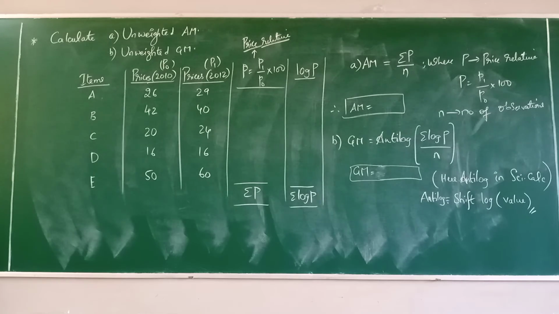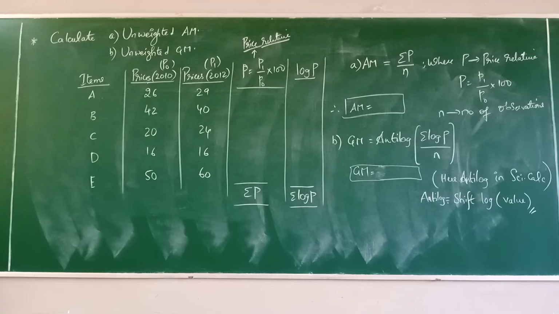But in geometric mean, if any negative term is there, it definitely cannot be calculated, or if any zero is there, it cannot be calculated. Right? So remember, geometric mean is used for finding rates and ratios. Arithmetic mean is the most commonly used, which considers all the items as equal.